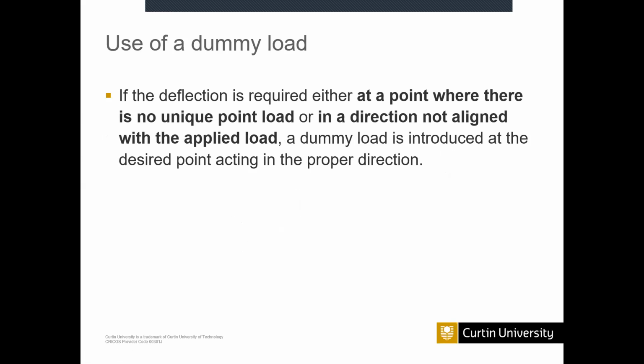If the deflection is required at a point where there is no unique point load, as I told you, for example in the first example we discussed the deflection at point B. If there is no point load like the P load and only a distributed load is available, you need to use a dummy load. Definitely, there was a point load. That's why you didn't use the dummy load. Okay, so, there is no unique point load, or the deflection is in a direction not aligned with the applied load.